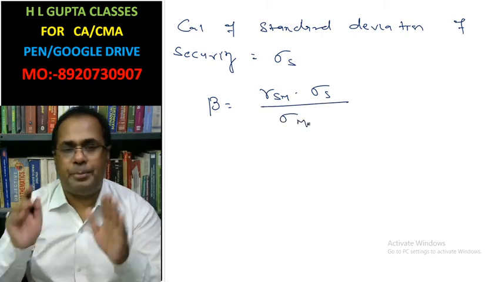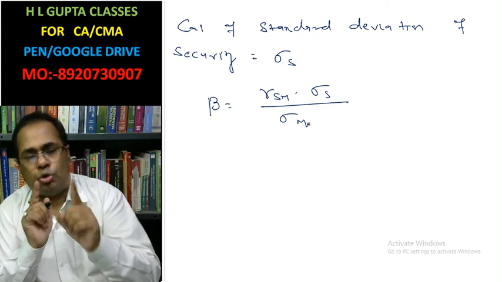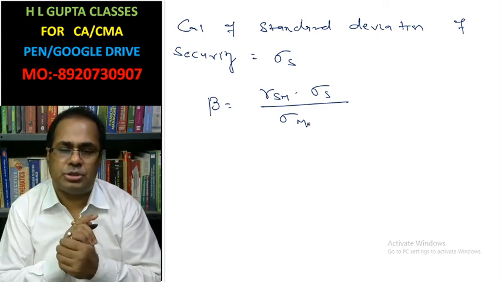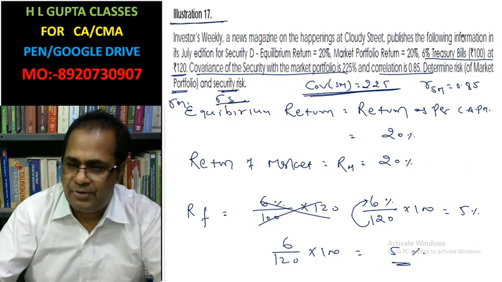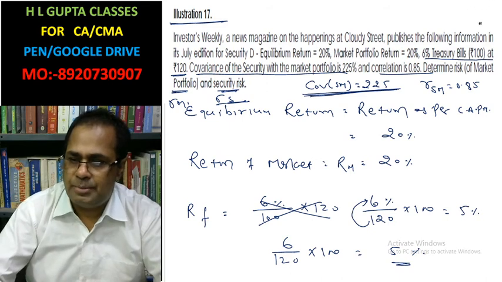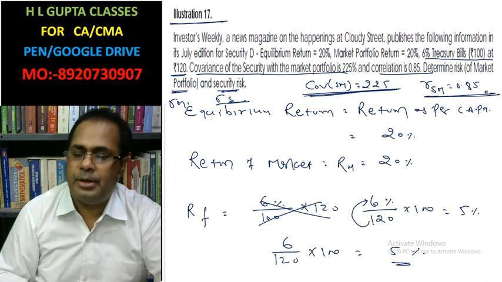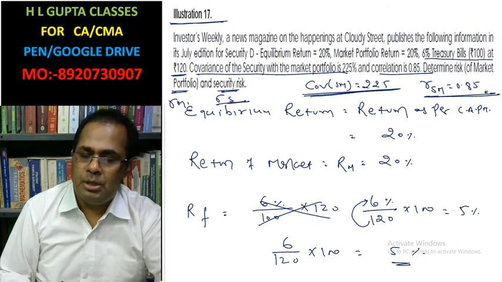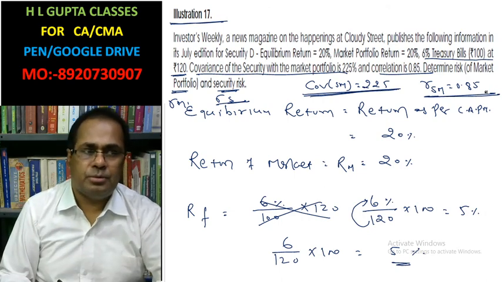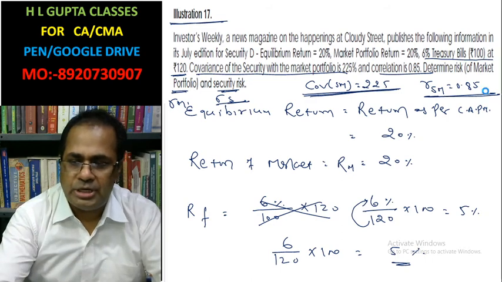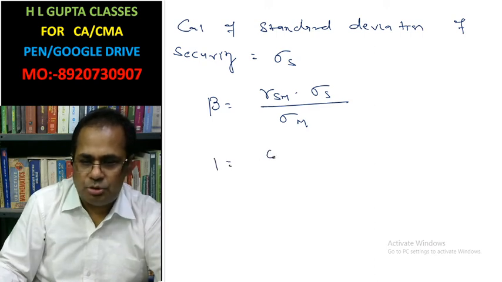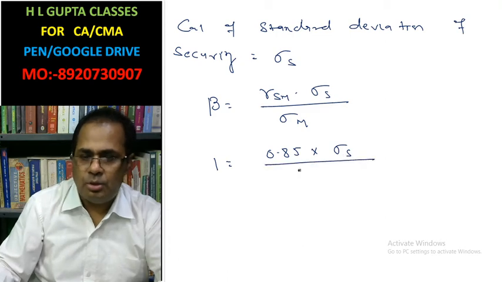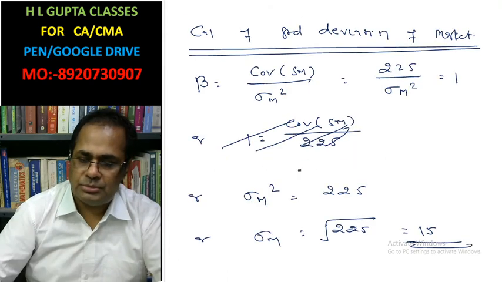This is also a formula of beta. Now, the coefficient of correlation of security and market is given in the question, this is 0.85. Beta we have already calculated as 1. This is beta, this is 0.85 times standard deviation of security divided by the standard deviation of market, which is 15.